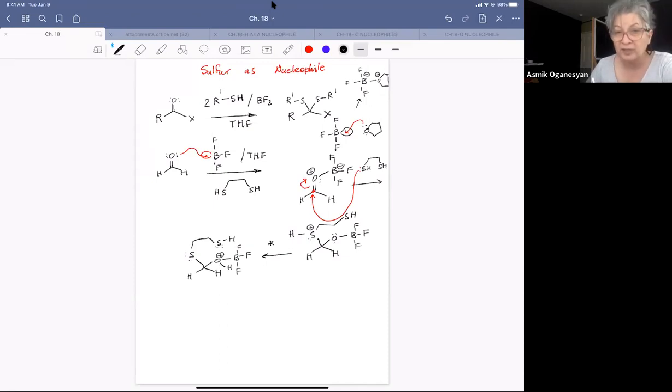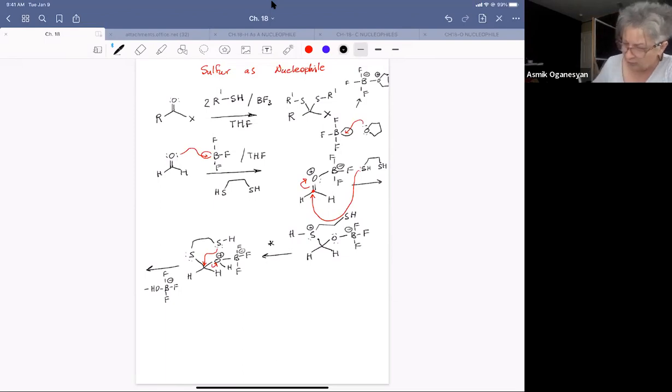Now we have a good leaving group. Sulfur will be able to attack this carbon. The leaving group will leave. And we will form, actually over here we have a negative charge.